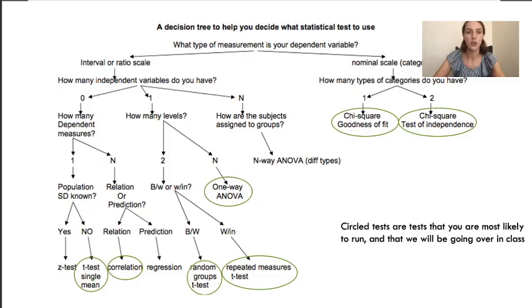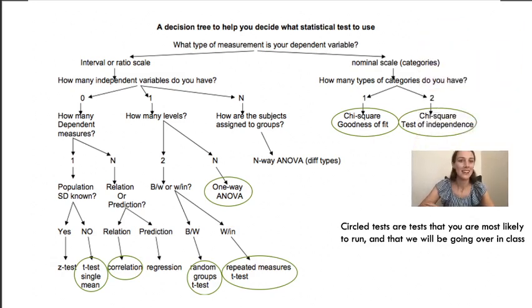So I start us off here with a decision tree, which I think is helpful. So let me move my head. Here we have a decision tree to help you determine what type of statistical test to use. This might seem a little bit convoluted, but hopefully you can trickle down here and think about your variables for your hypothesis.